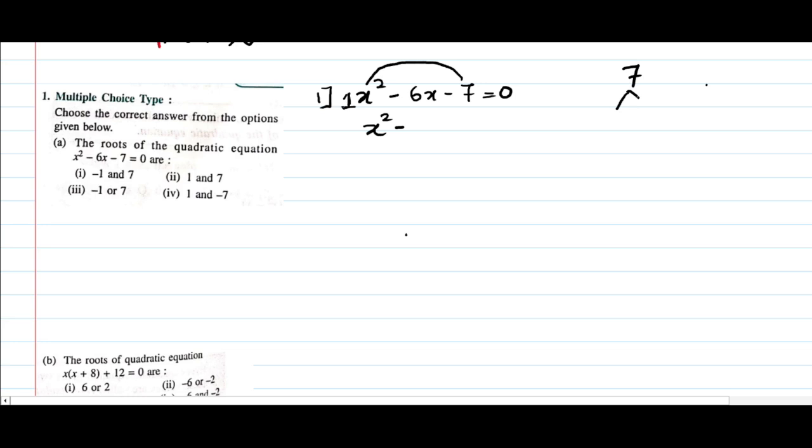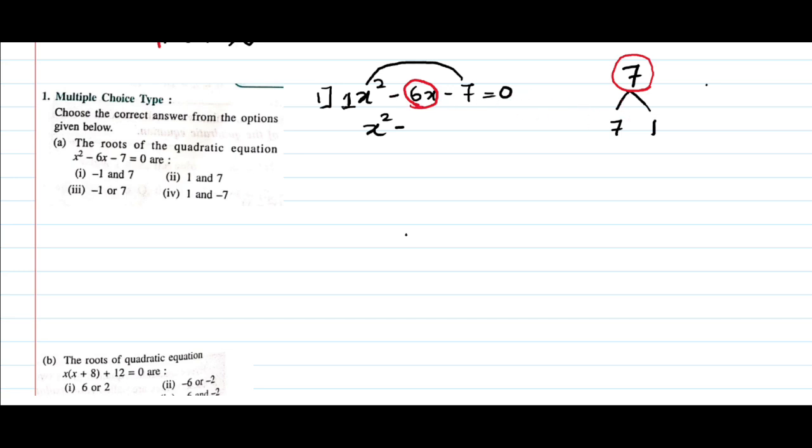So we will get the roots as 7 and 1. 7 ones are 7. If we subtract this, 7 minus 1, we will get 6, right? So after multiplying, 7 ones are 7, we have to get this 7, and by adding or subtracting we have to get this middle number, that is 6x. Okay, so I hope this is clear.